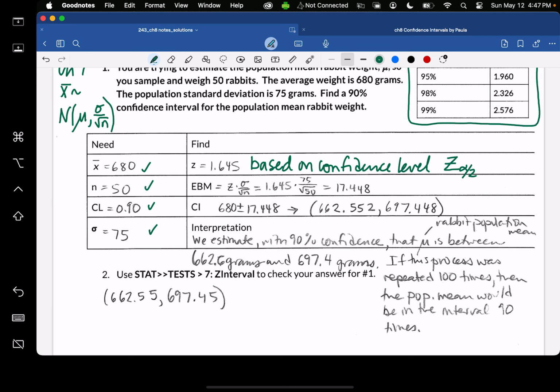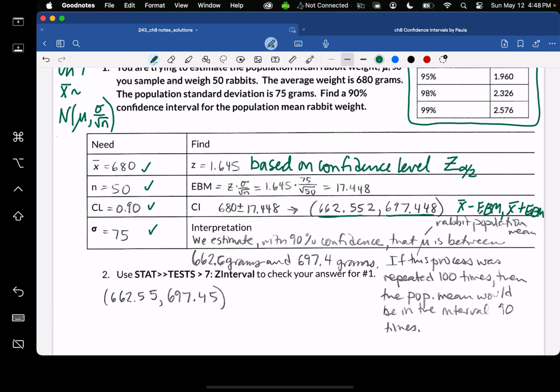And when I punch that into my calculator, I get 17.448 is my EBM. Cool. So now I can do x bar plus or minus 17.448. The confidence interval is x bar minus the EBM, comma, x bar plus the EBM. And that's what I've done here.